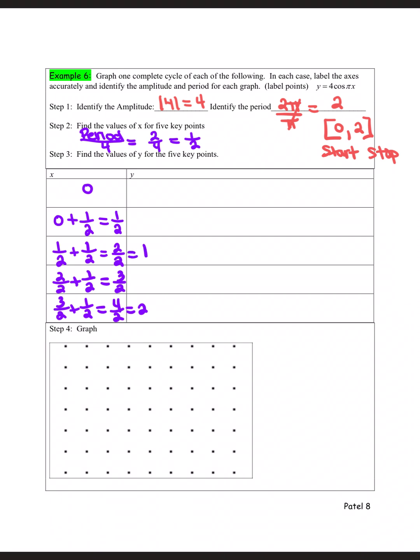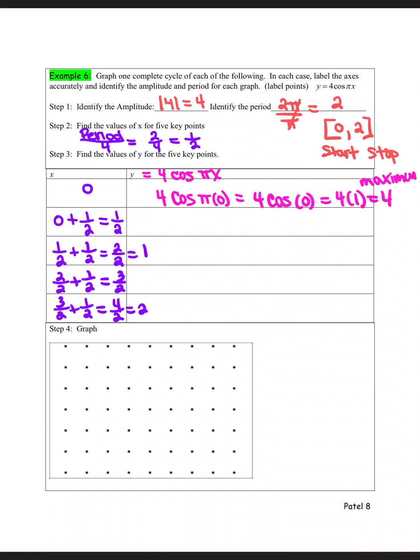Okay, now we're going to substitute that into y equals 4 cosine of pi x. So 4 cosine of pi times 0. So that's 4 cosine of 0. Well, cosine of 0 is 1. 4 times 1 is 4. Notice that is my max.